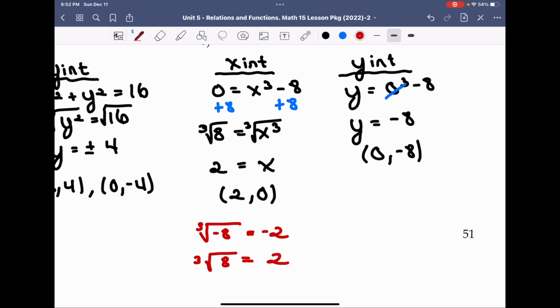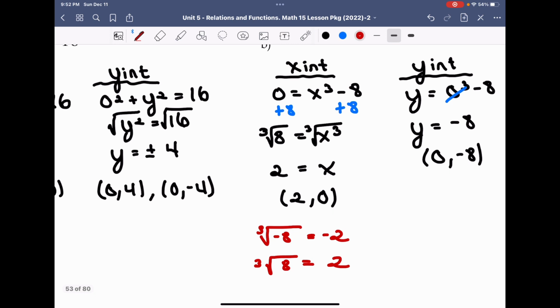They're totally distinct ways of getting 2 and negative 2, versus when I square root, I can get a plus minus, because when I square a negative 4, it's equal to positive 16, and when I square a positive 4, it also equals 16.